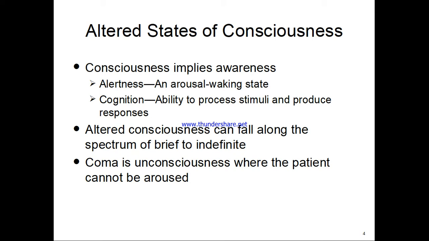Alertness is our arousal, awake state, and cognition is our ability to process stimuli and produce responses. Altered consciousness can fall along a spectrum, and alterations in consciousness can be anywhere from brief to forever. A coma is unconsciousness, where the patient cannot be aroused.